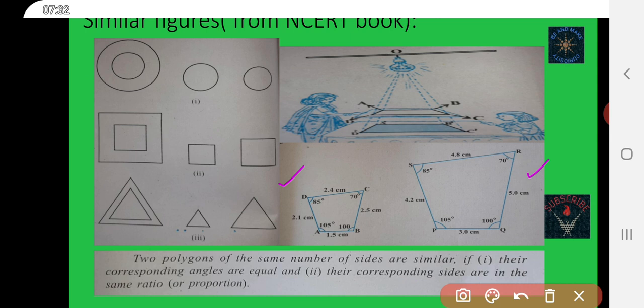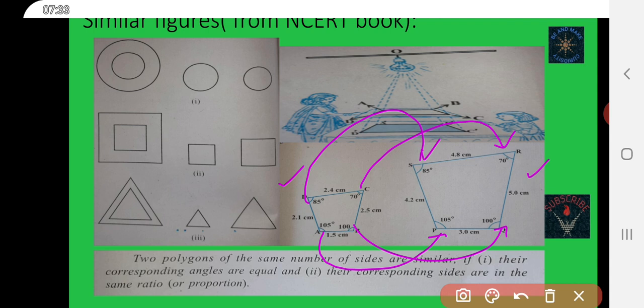So friends, here you see angle A corresponds to angle P, angle B corresponds to angle Q and they are equal. Angle C corresponds to angle R, angle D corresponds to angle S and they are equal. So the corresponding angles are equal.